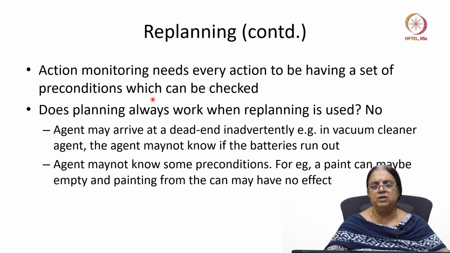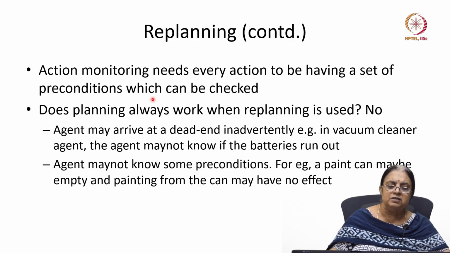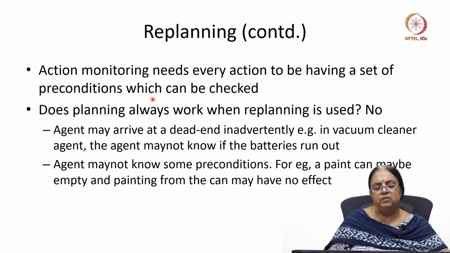So when a plan doesn't work and you do replanning, will it always work? Okay, we can't say that it will always work. For example, if you are in something like a vacuum cleaner agent, maybe the batteries have run out, okay, and whatever replanning you try to do, it will not work.